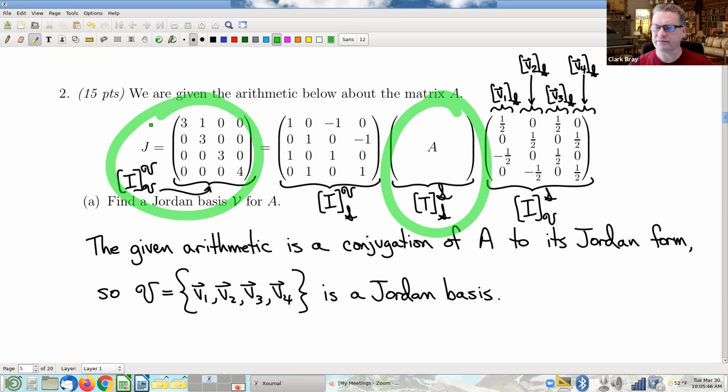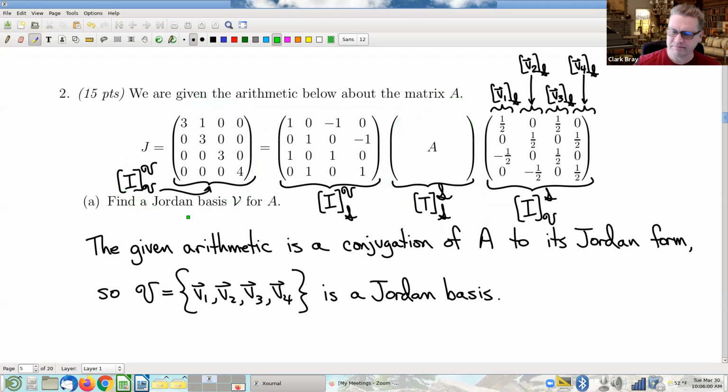That's the whole idea of a Jordan form: we're taking a matrix that previously we were interpreting with respect to the standard basis and asking, hey, if I interpret it with respect to a different basis, can I make it look like that? Well, if that's SS and this is VV, then unavoidably this one is S to V, and this one is V to S, right? Again, that's how the Legos fit together.